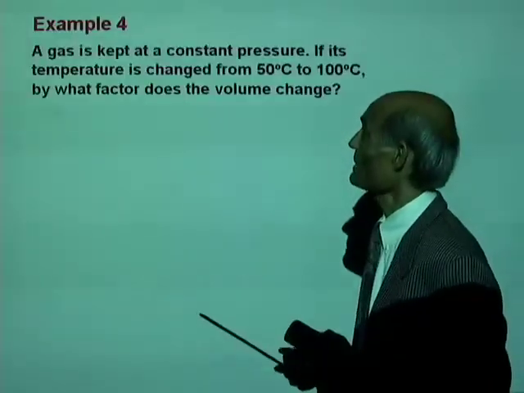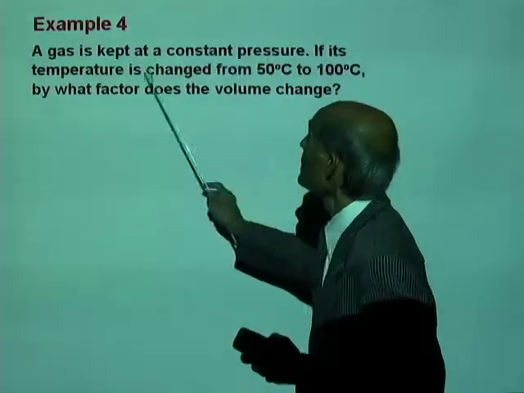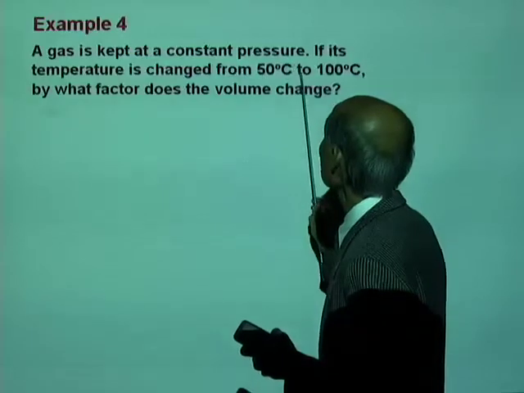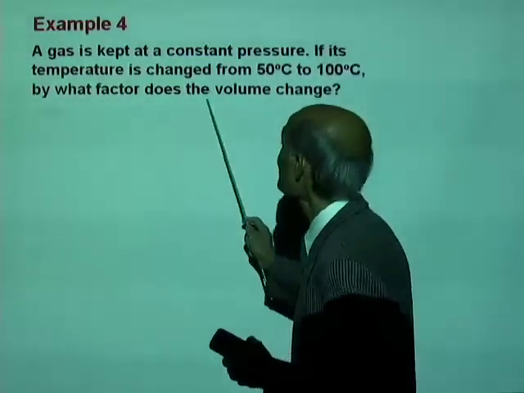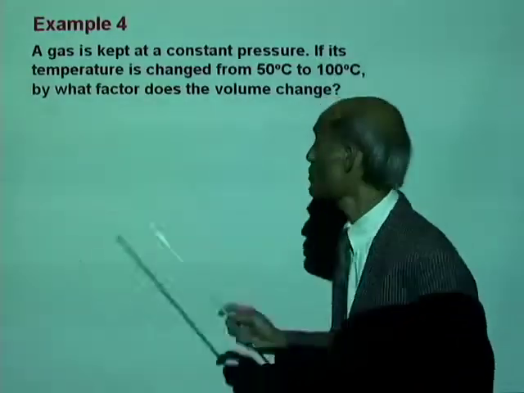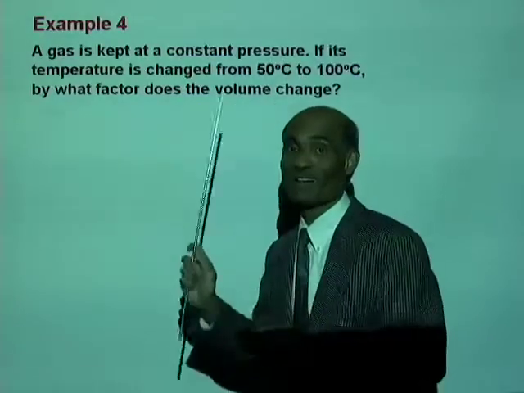Let's do an example. A gas is kept at a constant pressure. If its temperature is changed from 50 degrees Celsius to 100 degrees Celsius, by what factor does the volume change? So here, a gas is kept at a constant pressure.